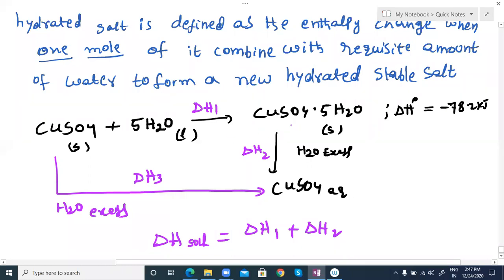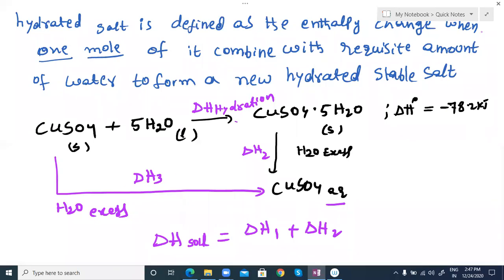The first step is enthalpy of hydration, delta H hydration, and the last one is enthalpy of solution. Clear. If we are adding excess water, we get a completely aqueous solution. So wherever we are adding excess water, that is enthalpy of solution.